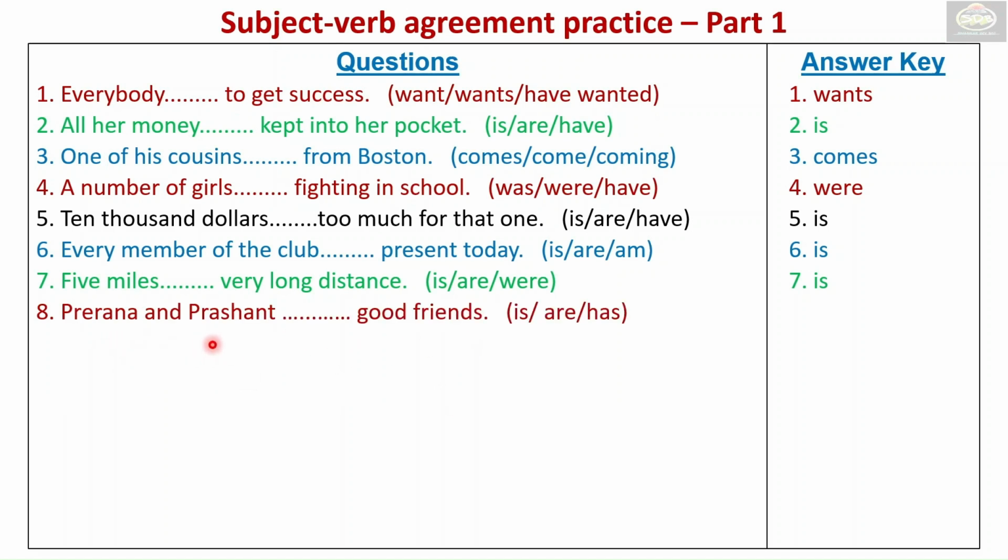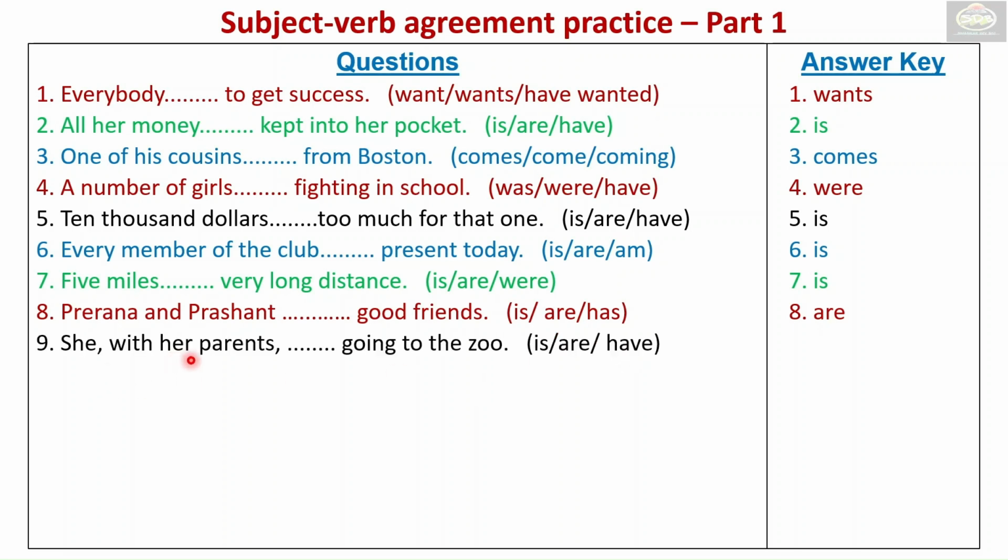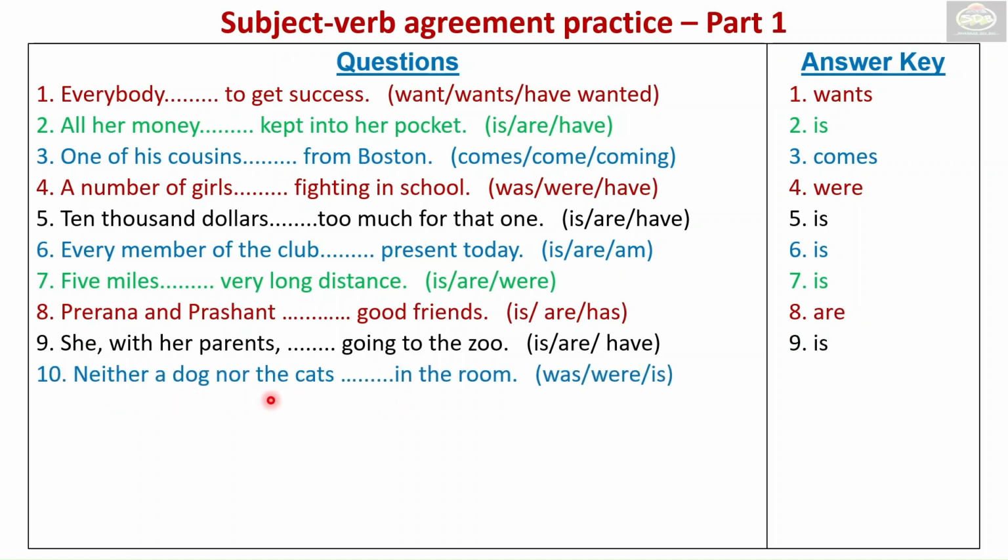Prerana and Prashant, two nouns, plural subject, are. She with her parents. This is additional information. We have to make agreement with she. She is. Neither a dog nor the cats. In case of neither nor, either or, we have to make agreement according to the last subject. The cats were.